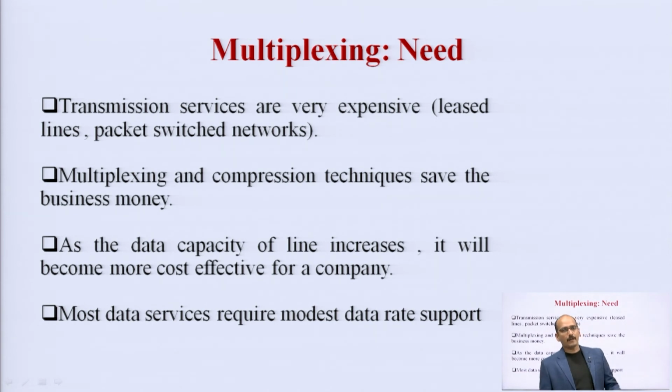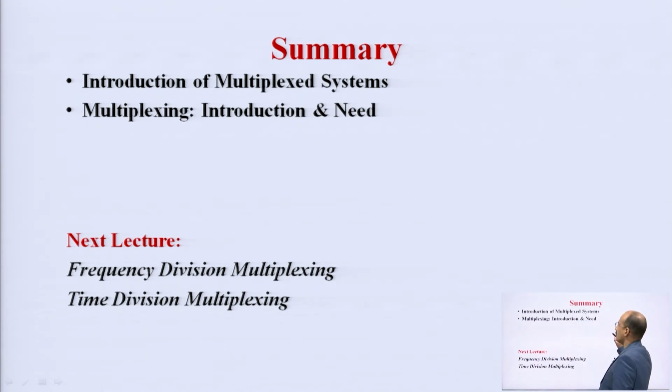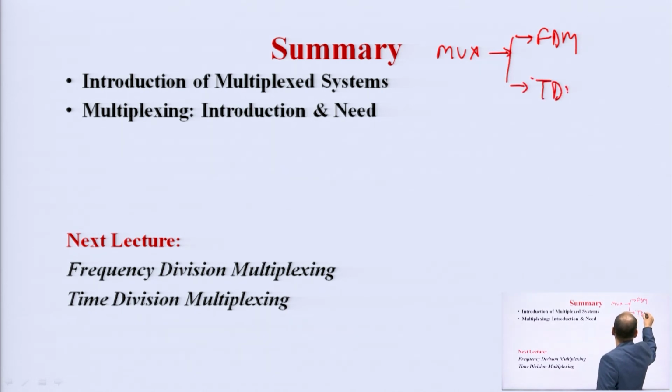In this particular part you can easily understand one thing, that when we are talking about the multiplex system, that multiplex system is actually the combination of multiplexing and modulation. In multiplexing and modulation, we are going to do some basic things, such as in multiplexing we are either using FDM, frequency division multiplexing, or time division multiplexing.